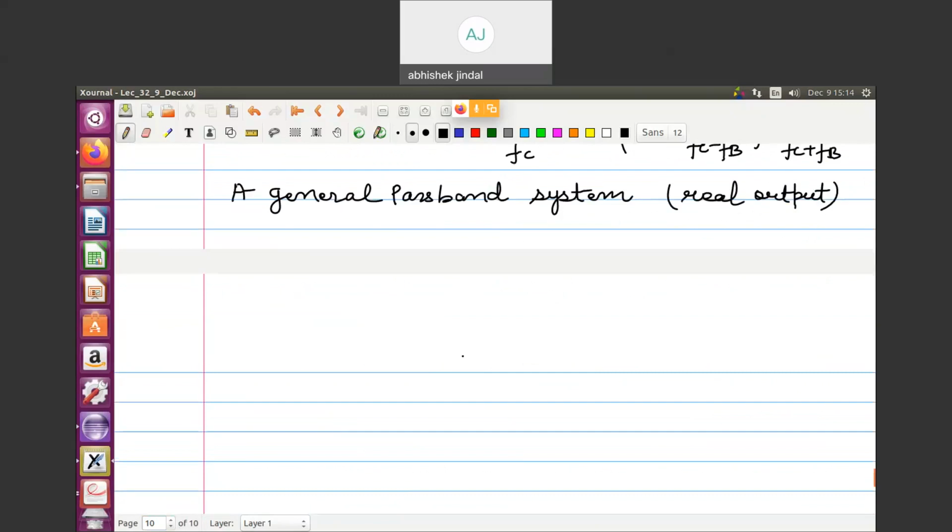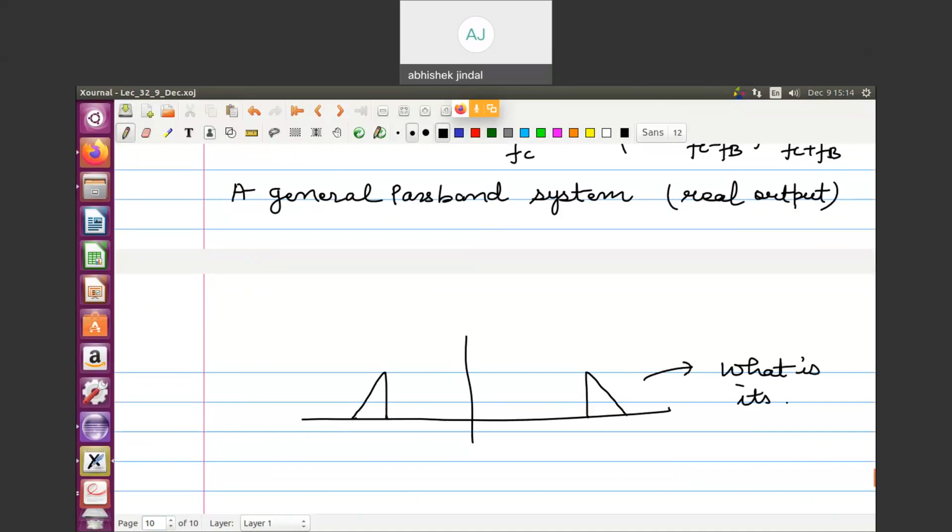Suppose I talk of a general passband system, and because it is real, let us say it has a spectrum like this. With this as the spectrum, the question is about its complex baseband representation.